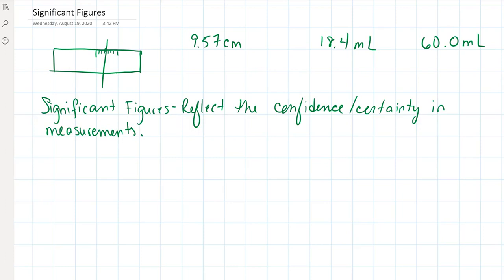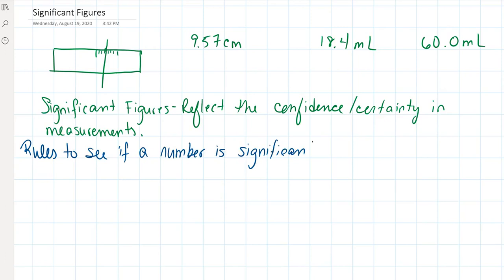So we're going to look at rules to see if a number is significant or if it's just a placeholder. Remember, significant means confidence. Placeholder means just there to make sure we're in the right spot.